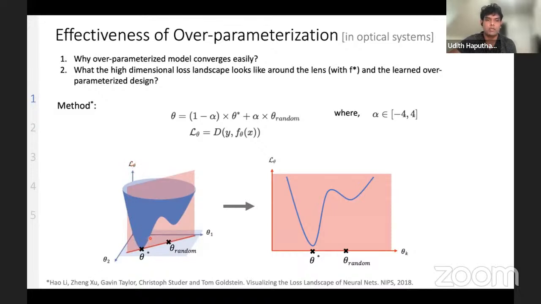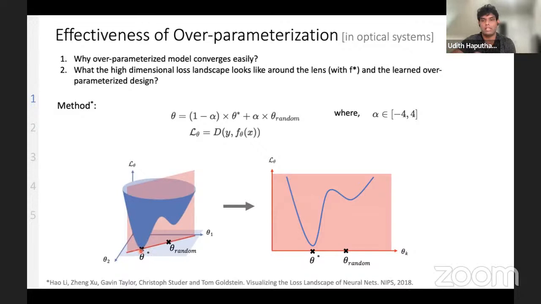We have this theta star, which we found. Theta is basically the learnable parameters, and theta star is the optimal value we found. It can be the lens phase distribution, or it can be the learned overparameterized design.